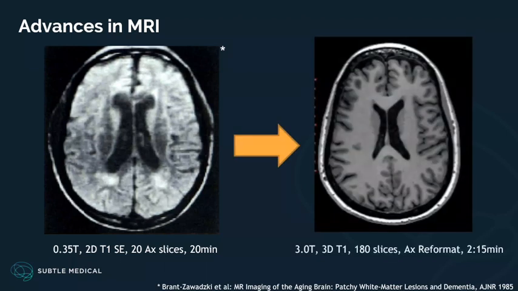Compared to this is an image I obtained a few weeks ago from our library, which was obtained on a 3 Tesla machine using a 3D T1 technique. And this is an image of axial reformats. So the technology, both hardware and software, has improved so much that you can go from the left-hand side of the image to the right-hand side.